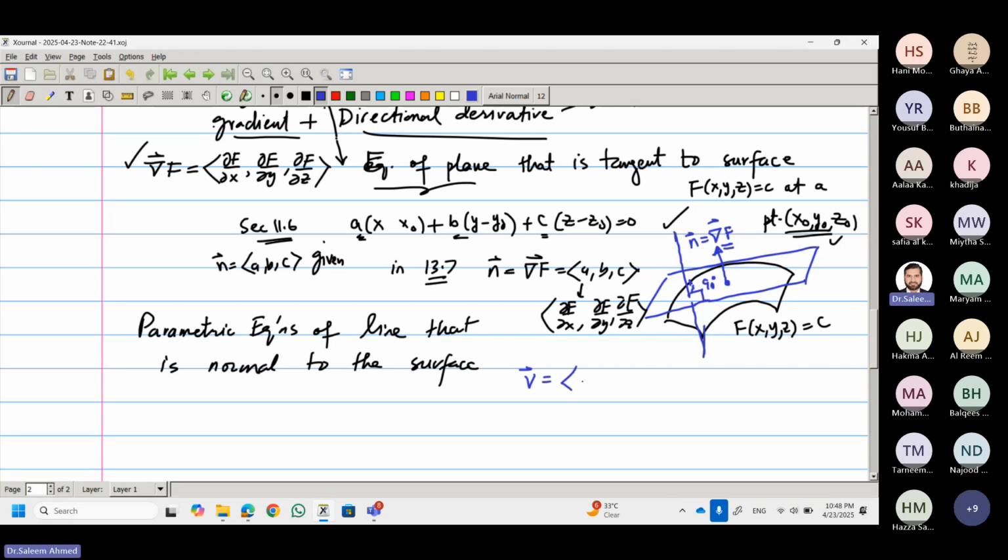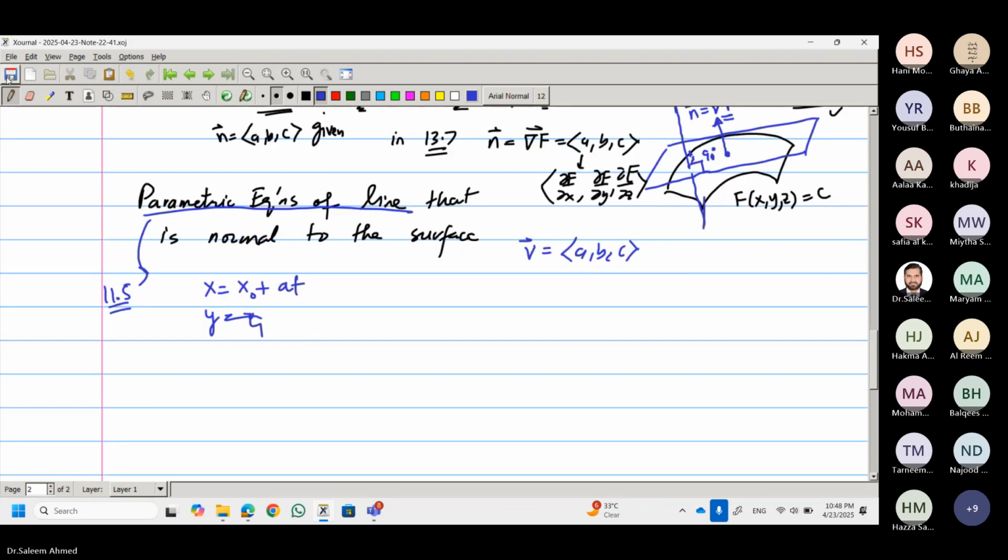If your v is ABC, then the parametric equations of the line, from section 11.5, are x equals x naught plus at, y equals y naught plus bt.